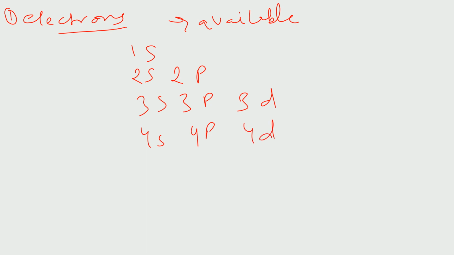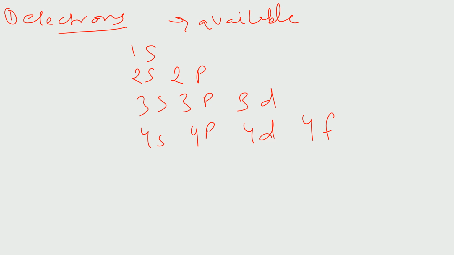So first follow some rules. Electrons first occupy the lowest energy level or orbital which is available. So 1s, next is 2s, 2p, 3s, 3p, 3d, 4s, 4p, 4d, 4f.